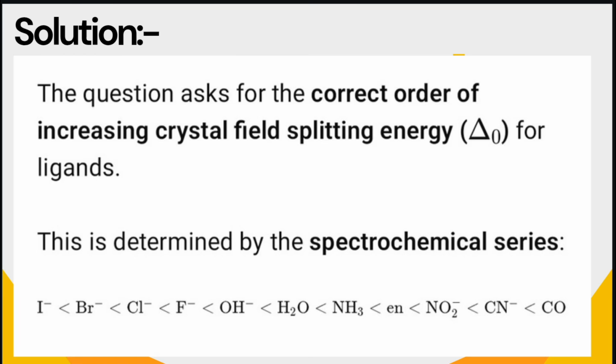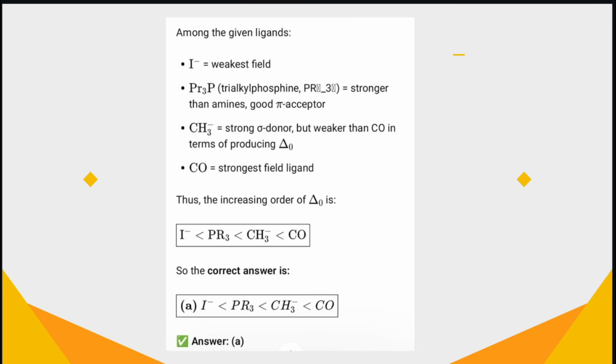Now we'll see, among the given ligands, I minus is the weakest field, and PR3, trialkyl phosphine, is stronger than amides, a good pi acceptor, so a strong ligand.